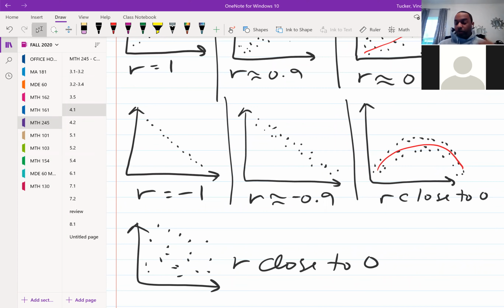That second to last one, we had that arc again, but R would show that that would be close to 0. Once again, does not say there's no relation, just that there's no linear relation. All right. Questions? Any questions?